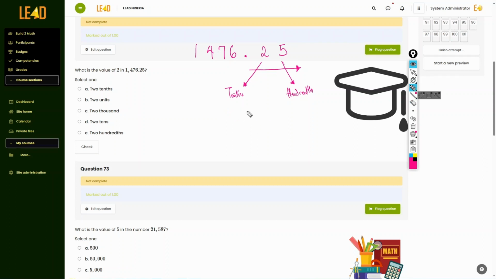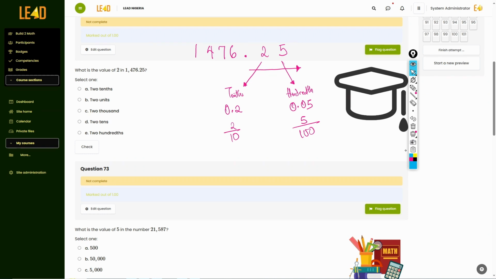So you could say 0.2, or 2 out of 10, or 2 tenths. For 5, it's going to be 0.05 or 5 out of 100. So the correct option is 2/10. That's A.